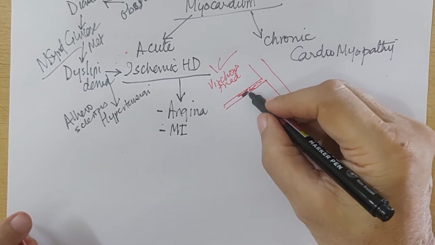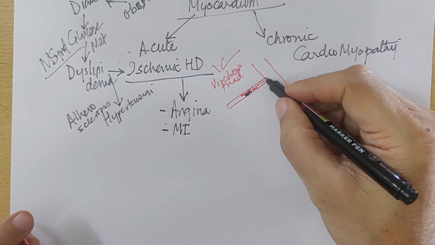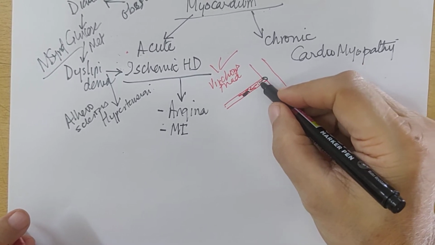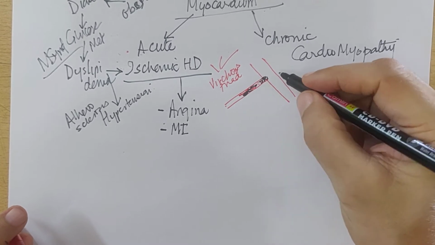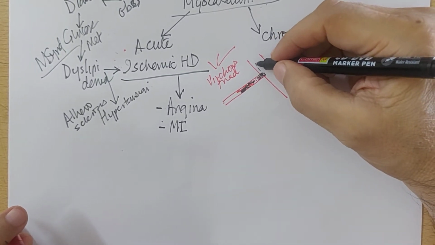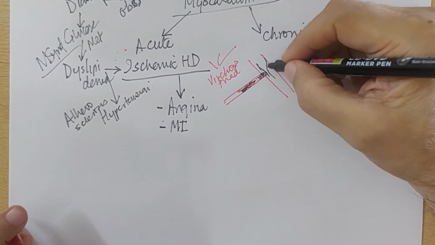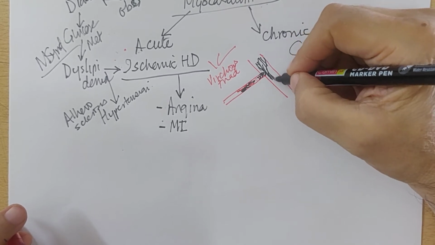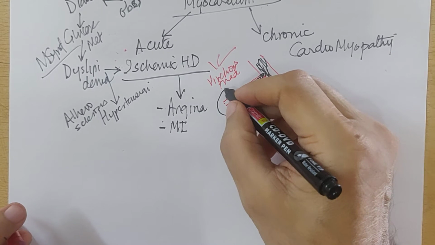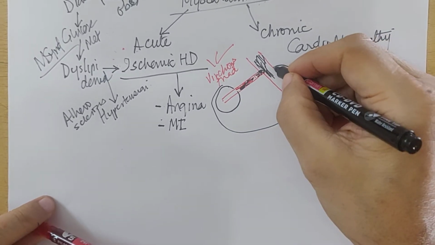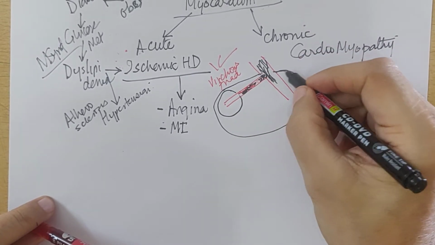Now once there is thrombosis in the small artery, this clot will extend proximally because of stasis, and this will produce thrombosis in the larger artery. So if this was the area of infarct initially, it will become larger as time passes.